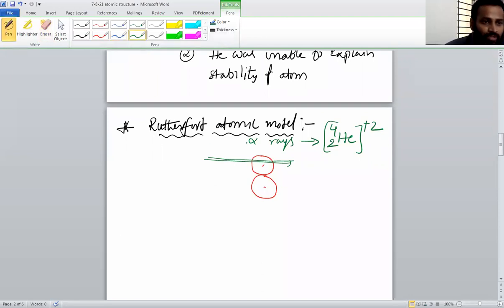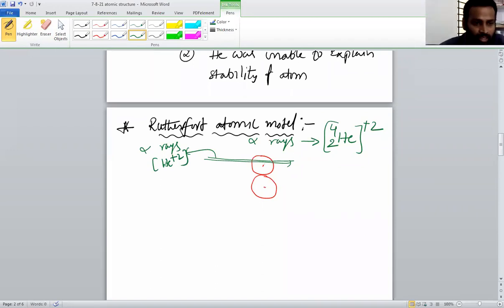You can write alpha rays like this also. You can represent them like this. He2+ ions are called alpha rays.